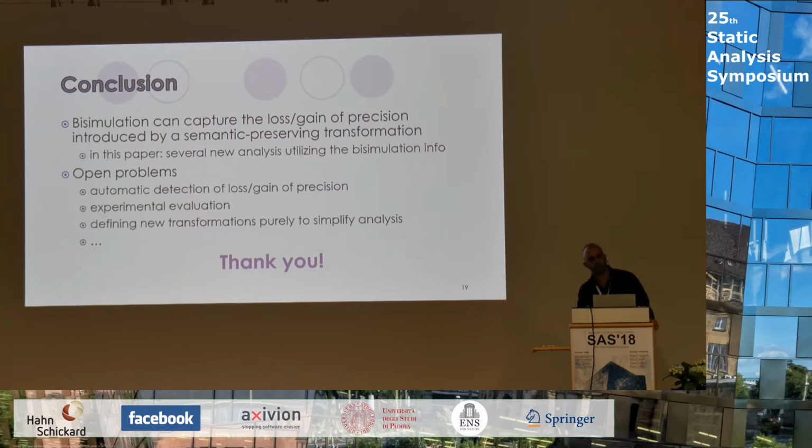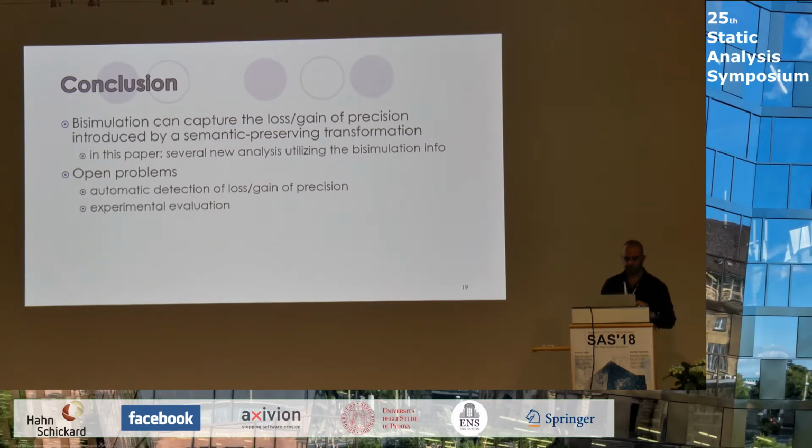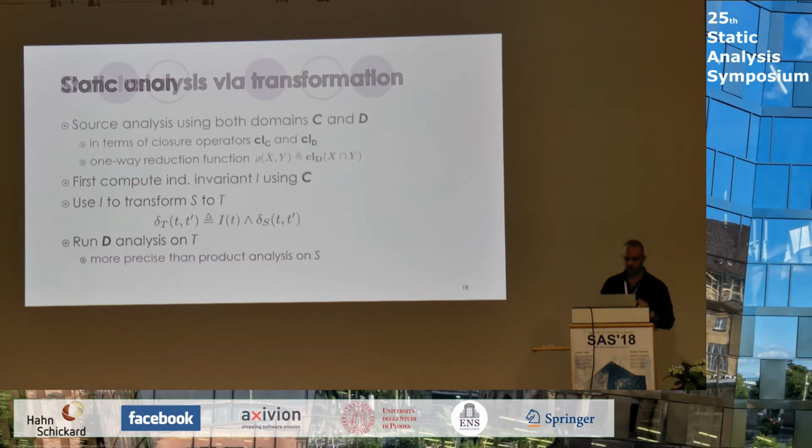Yeah. So your result that connects reduced product and transformations, it's on one of the last slides. Yeah, this one. So does this mean now that the notion of reduced product is obsolete? No, absolutely not.